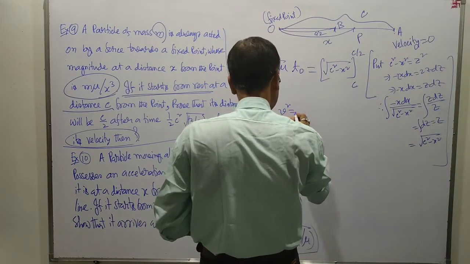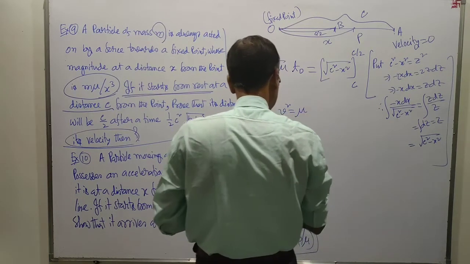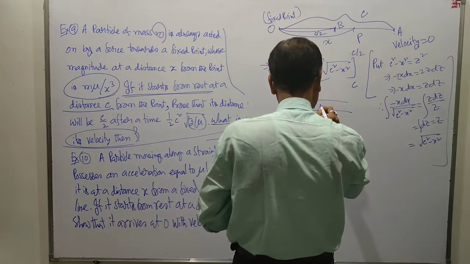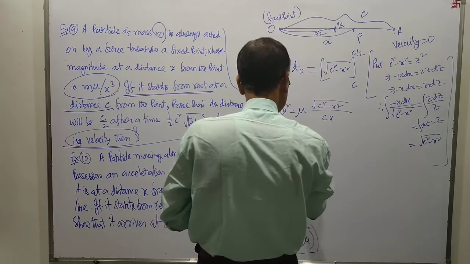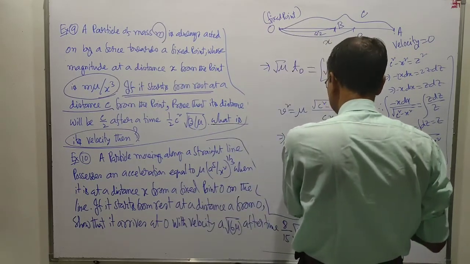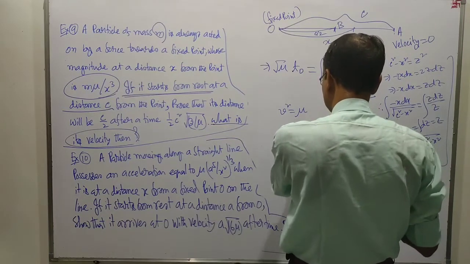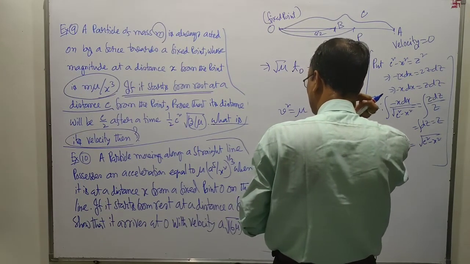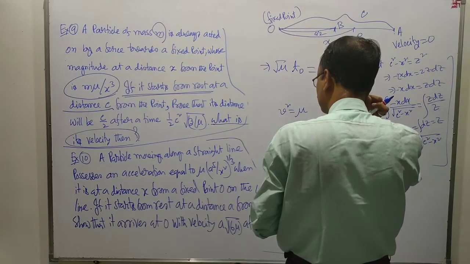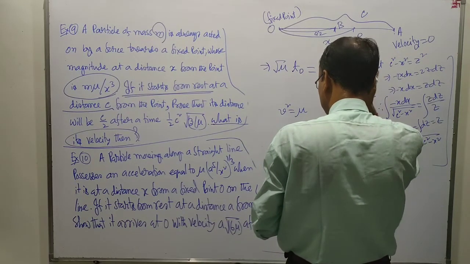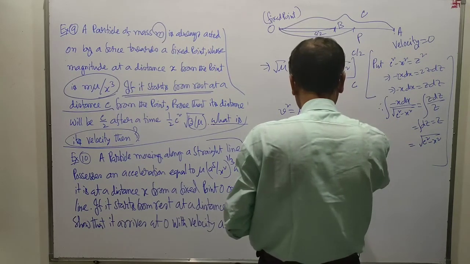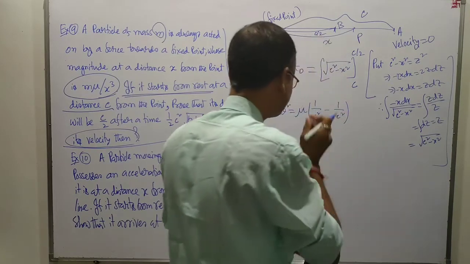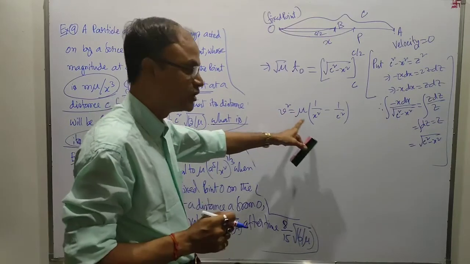V square equal to mu c, this c was dropped, root over c square minus x square. It was like that.